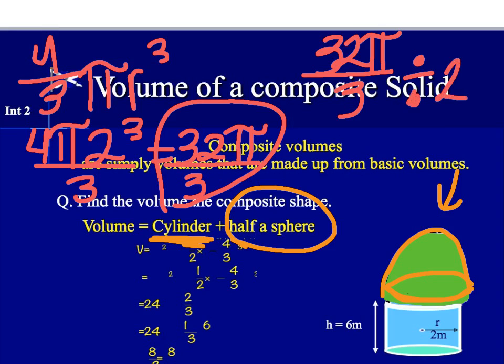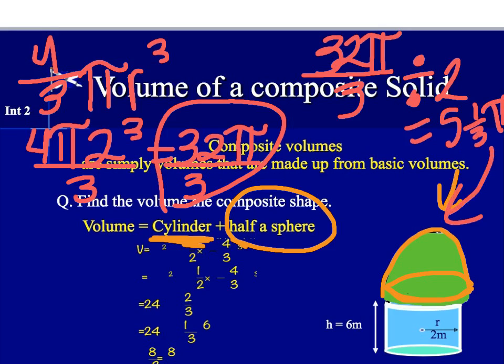So in your calculator, you would plug that in. 32 over 3 equals, and then divide that by 2. And your answer is 5 1/3 pi. That's only for half of the sphere.